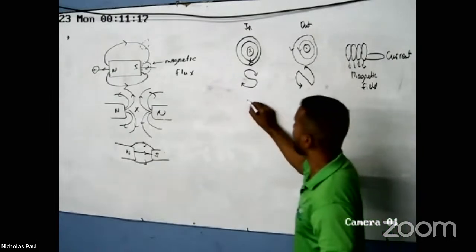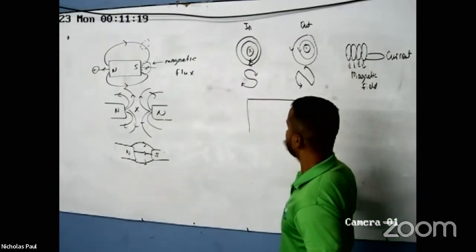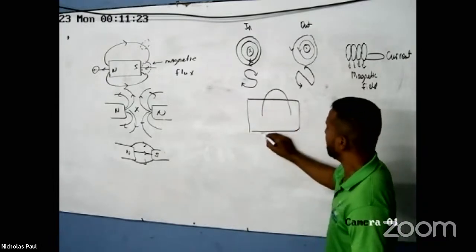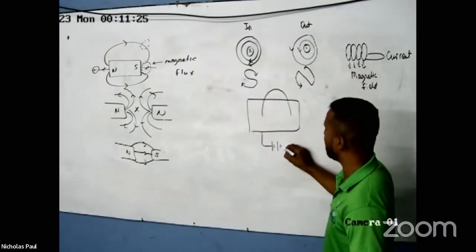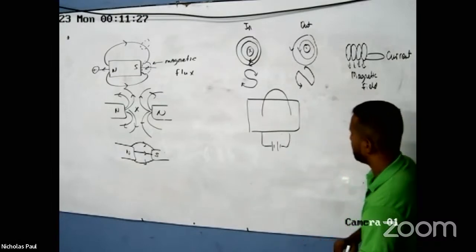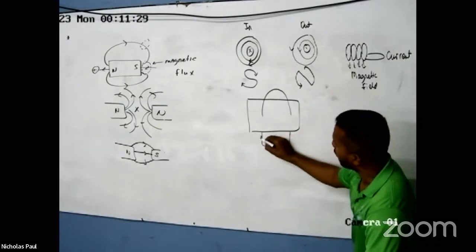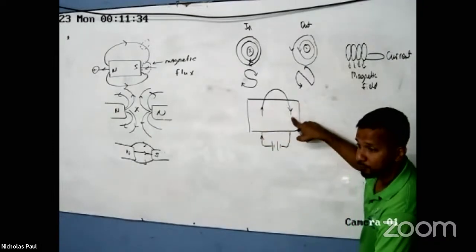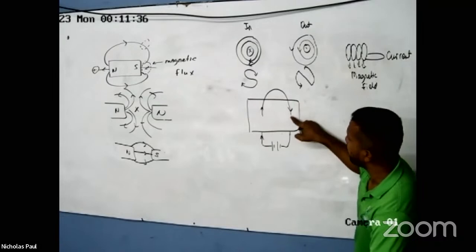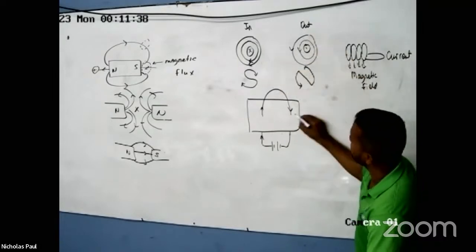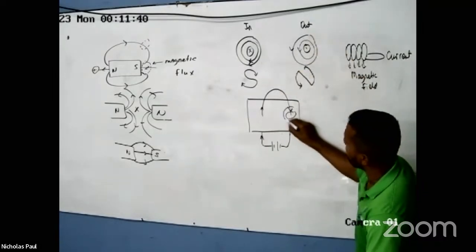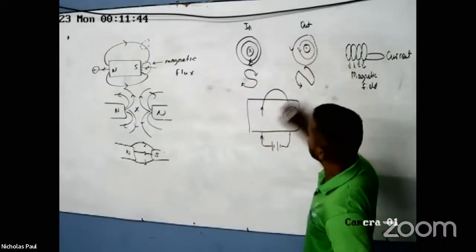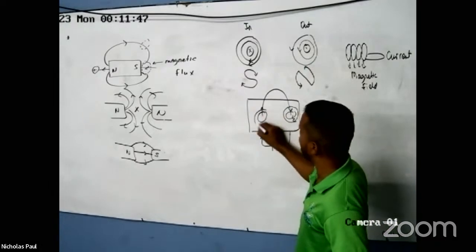If I give you a simple flat coil, again connected to a supply, current coming out here and current going in here, I can use this to figure out what the field lines will look like.